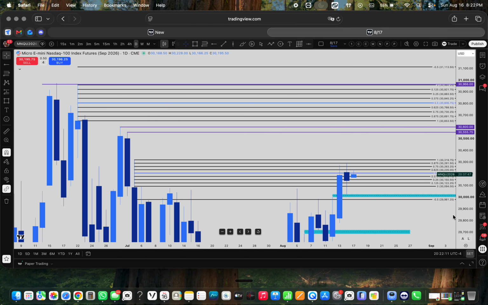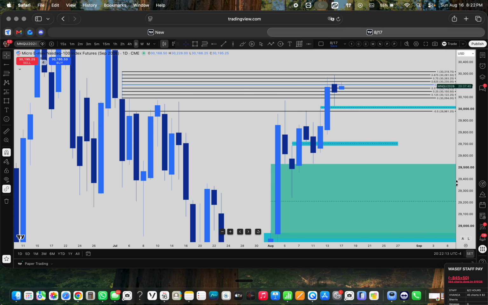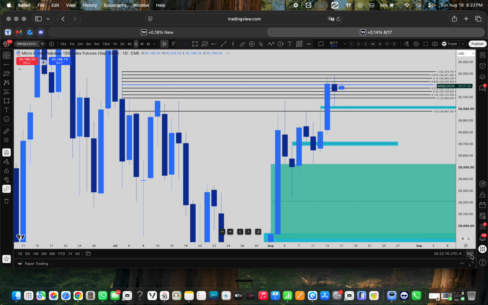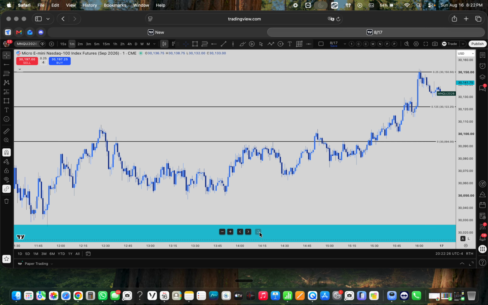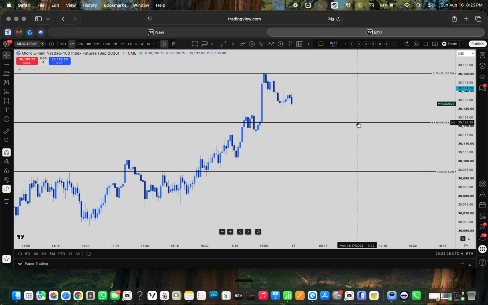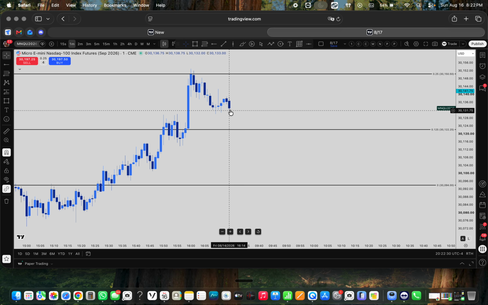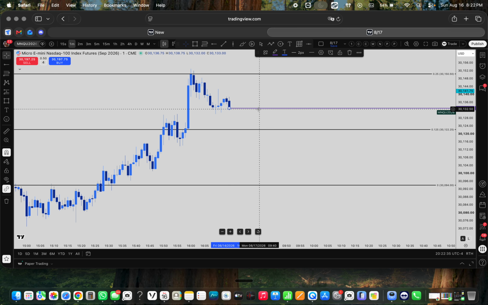Now let me see if I even set my stuff well as far as gaps are concerned. Yeah, I did good. All right, now I'm going to go down to the minute, and I'm going to go away from electronic to regular, and I'm going to see where we have gaps. So Friday at 4:14, we had price close down here.